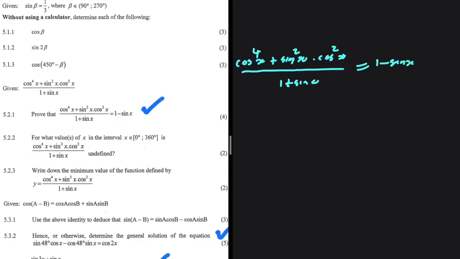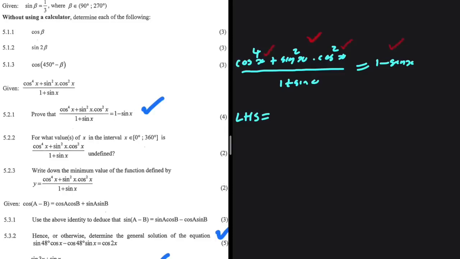So we're supposed to show that the left-hand side is equals to the right-hand side. If we decide to take the left-hand side, what I'm realizing first is that in the numerator, I have cos of x and cos of x, which I can take as a common factor. In fact, I can take cos of x to the power 2 as a common factor in the numerator.